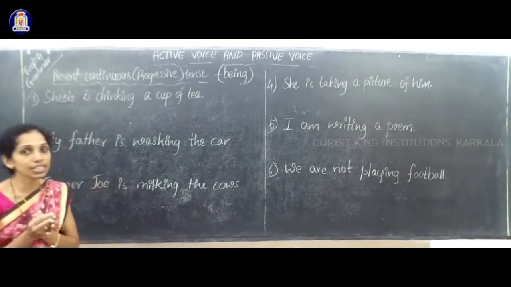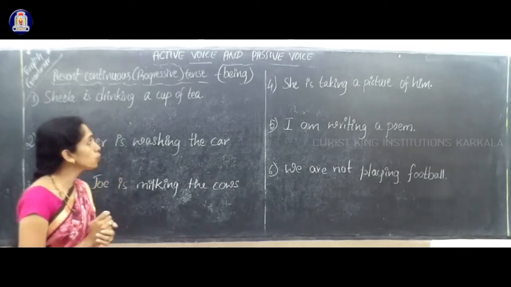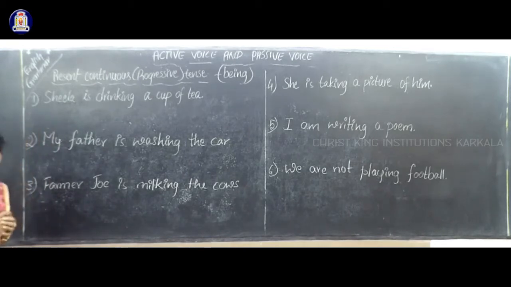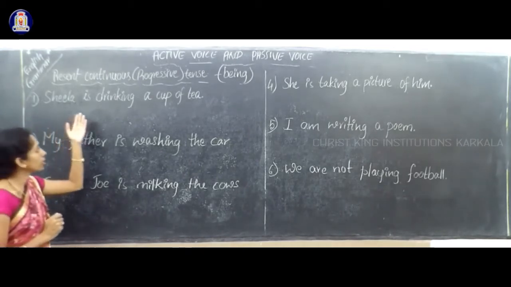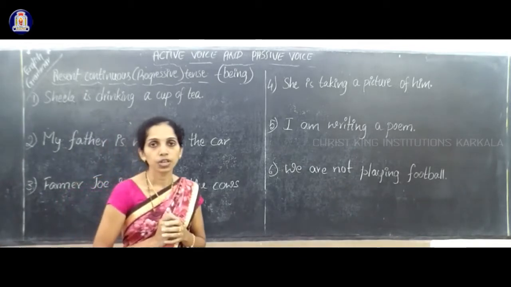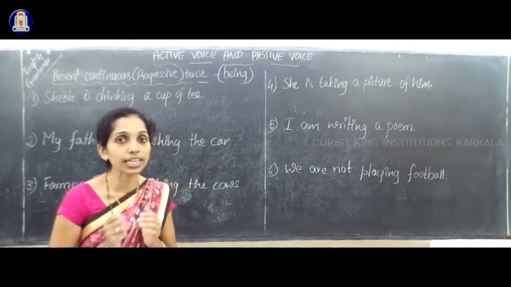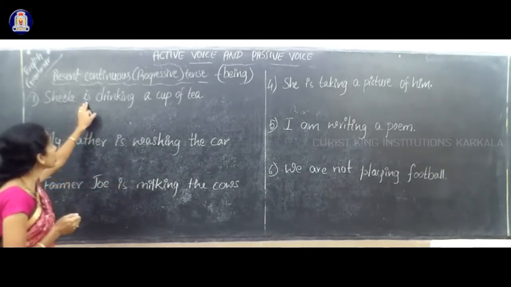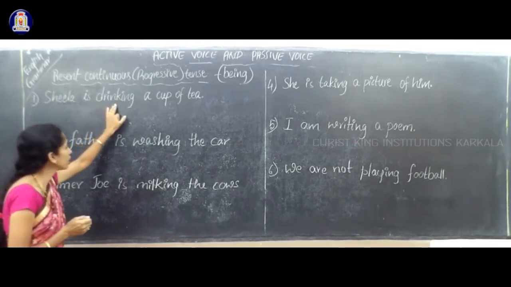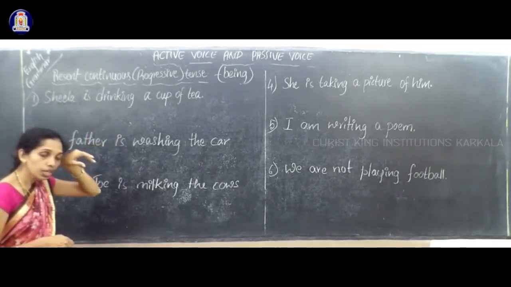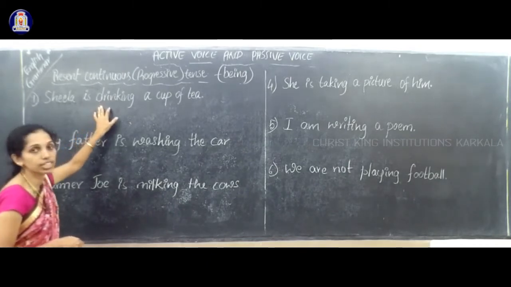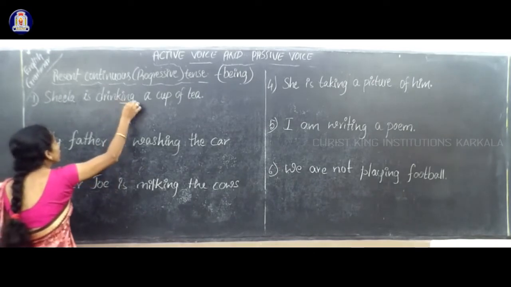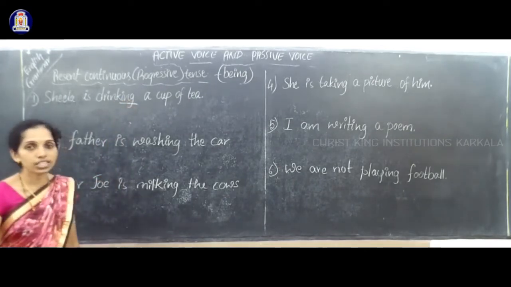If the sentence is in present continuous tense, how to write the passive voice of that? Here is the first example: Sheila is drinking a cup of tea. How do we come to know that it is in the continuous tense? By looking at the helping verb and the main verb. Every continuous tense has the ing form.